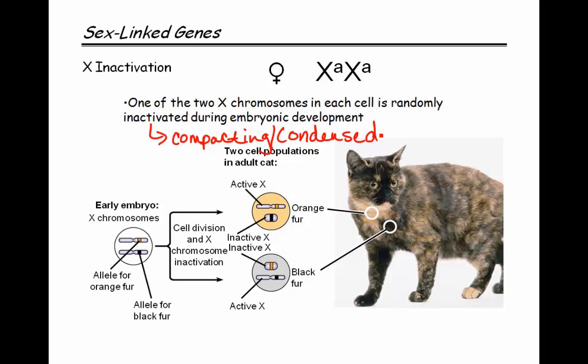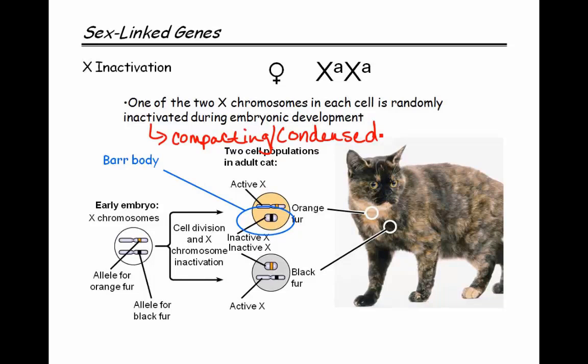So in this case, very early during development, when she has basically just a pile of cells, each one of those cells is going to randomly choose to condense or turn off one of the two X's that they have. When that X is turned off, it is highly compacted or condensed into a short, fat little chromosome, which is called a bar body.